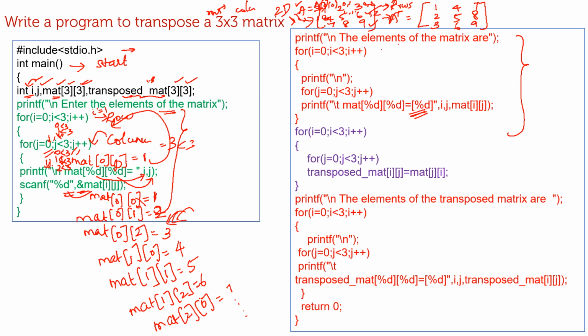Okay, the same process will be repeated here. for i is equal to 0, i less than 3, i plus plus, and \n. Here the only difference is that you are using a tab space. Why do you use a tab space? Because after entering you will be getting mat[0][1] is equal to 1, right? Similarly, after this you will be having a tab space so that you can differentiate the values.